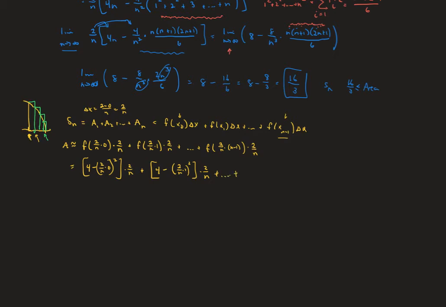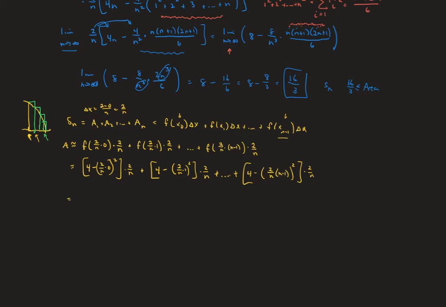Running out to our last one is going to be 4 minus 2 over n times n minus 1, squared, times our delta x, which is 2 over n.